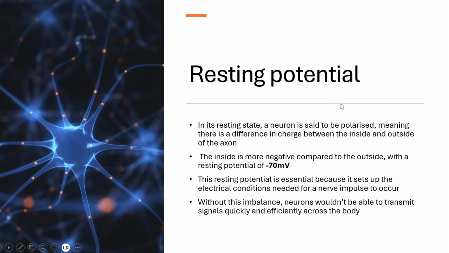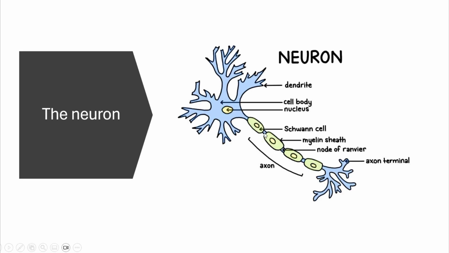Alright, cool. Resting potential here. Certain men find this hard, so just yeah. So basically, in its resting state, a neuron is said to be polarized, meaning there is a difference in charge between the inside and outside of the axon, yeah? So inside is always more negative compared to the outside at rest.